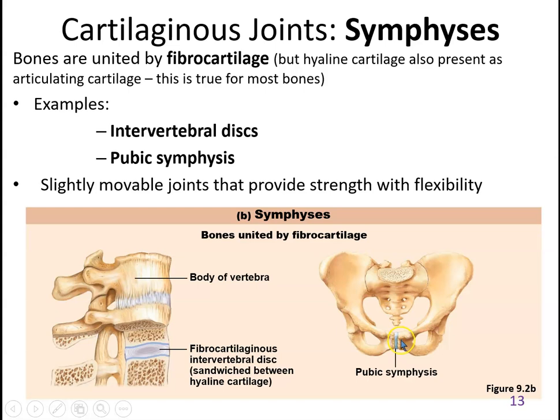The pelvis has to be really strong in order to transfer all the weight of everything in the spine, in the vertebral column, to the femur. And sometimes you sit on your pelvis, and lots of other things happen. So the pubic symphysis gives it a little bit of flexibility, but also a lot of strength. Fibrocartilage is strong.